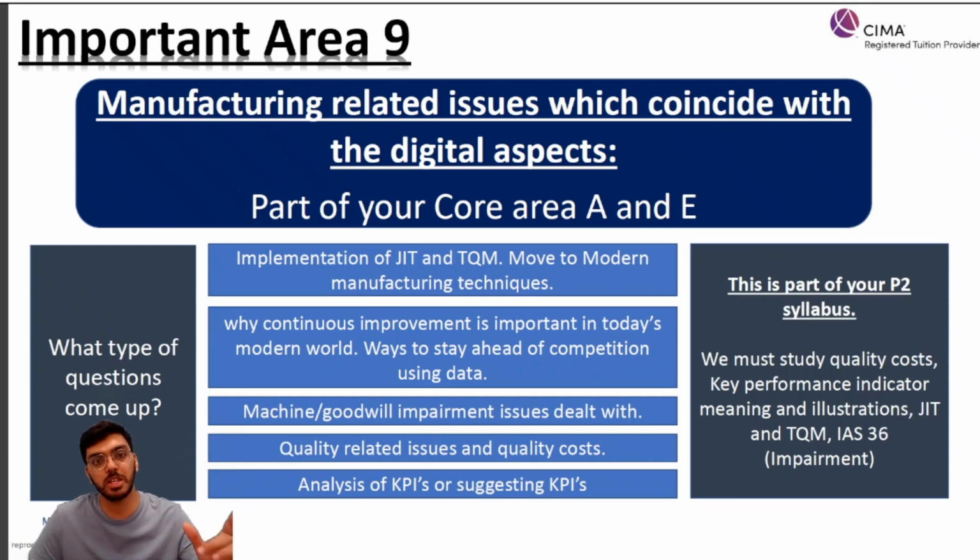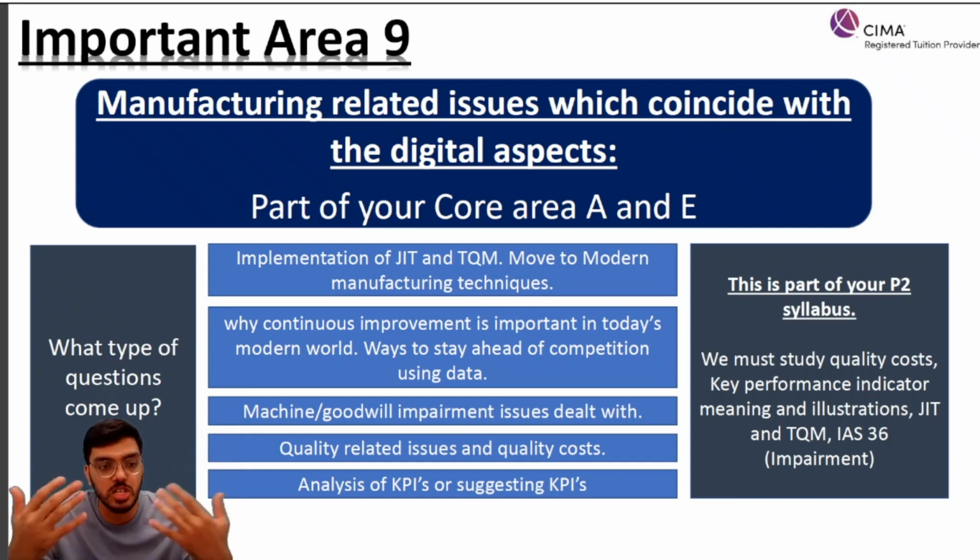And because we speak about manufacturing, there are certain key performance indicators which we must know, or which can come up as an exam question from the manufacturing perspective or the normal business management perspective. You must know what KPIs are, key performance indicators, and you must be able to suggest them.